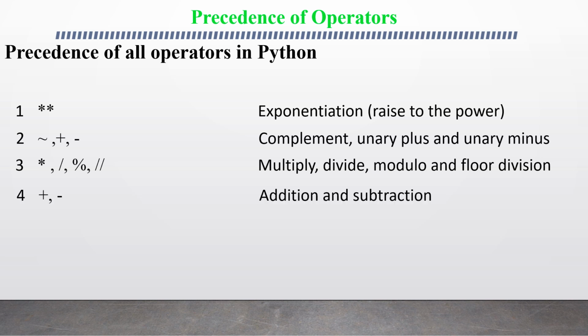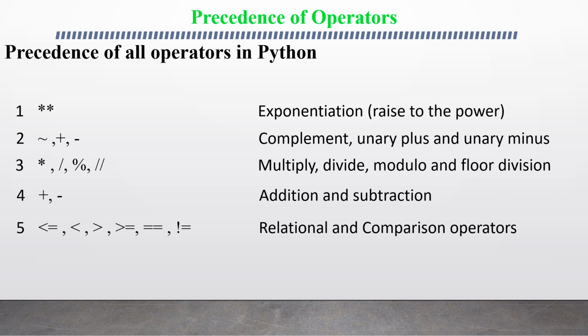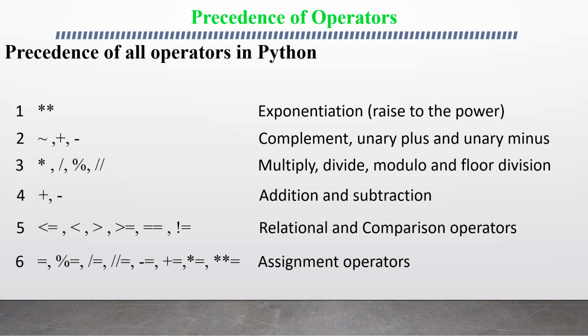The next precedency is for addition and subtraction. Next is for relational and comparison operators, that is greater than, greater than or equal to, less than, less than or equal to, equal to, not equal to. The next one is assignment operators, which include the equal to symbol and shorthand assignment operators.